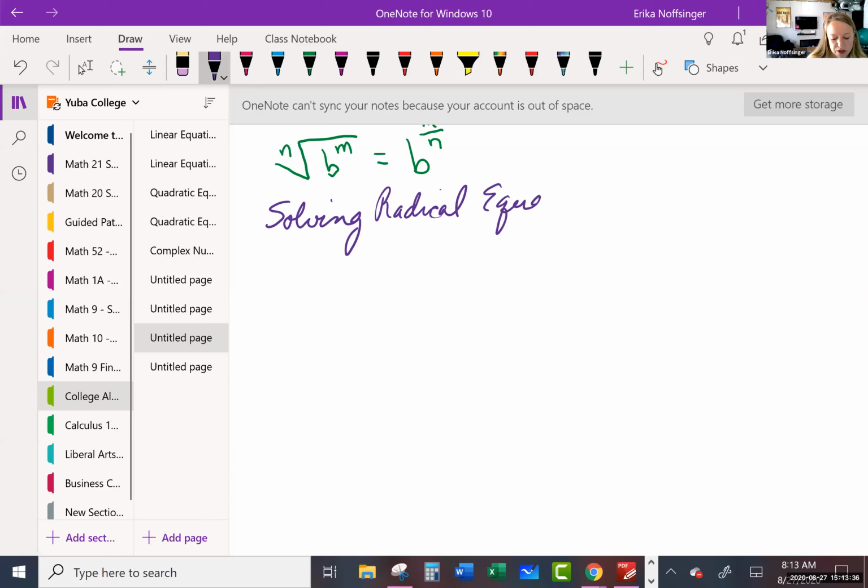If there's more than one radical, then we just want to isolate one of them on one side of the equation. So first, isolate one radical on one side of the equation.